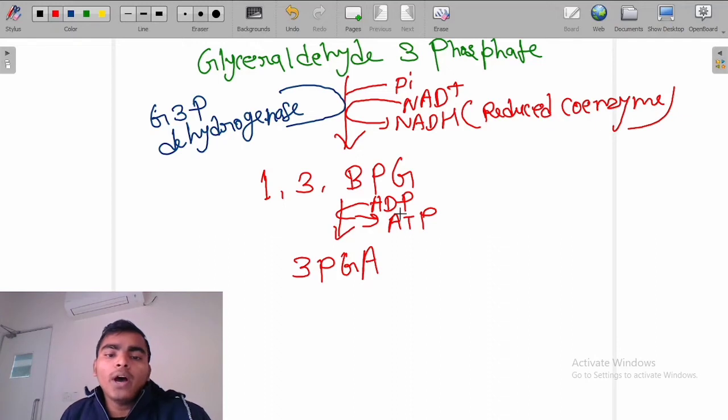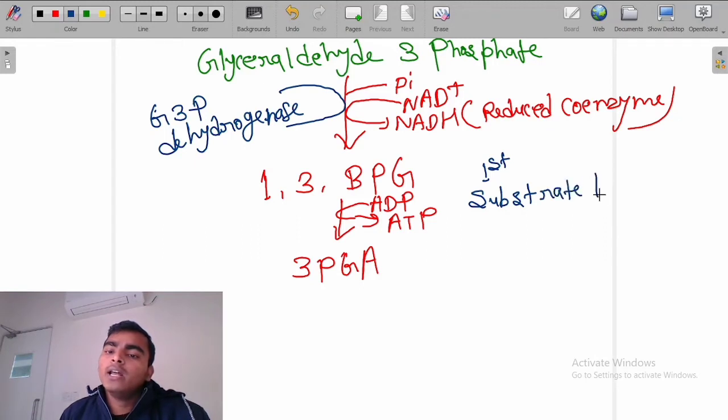Okay, so now for the first time in glycolysis we are seeing that we are going to get ATP molecules. So this is the substrate level phosphorylation, the first substrate level phosphorylation.